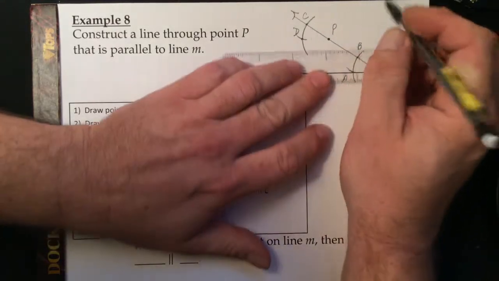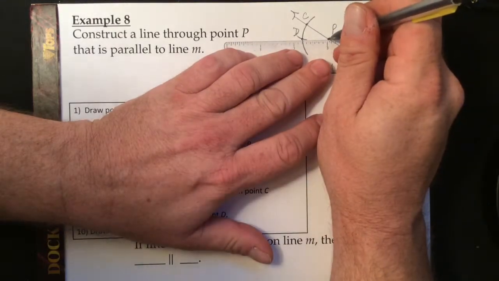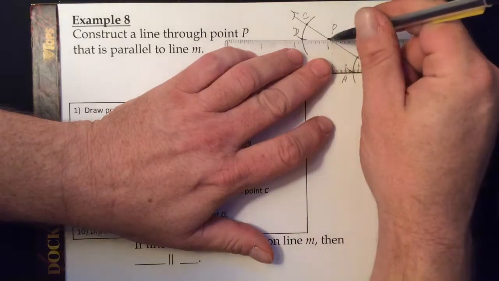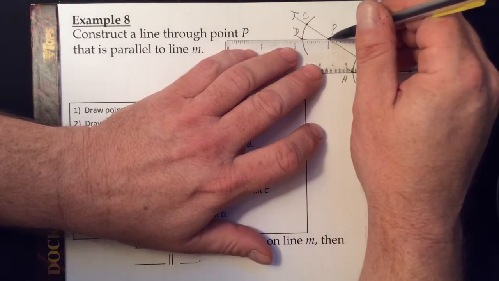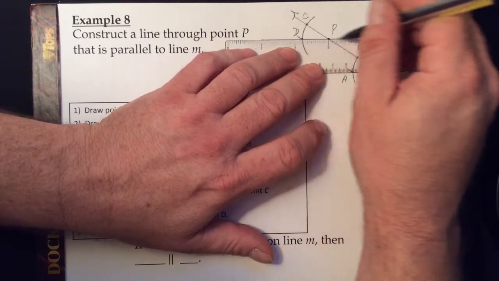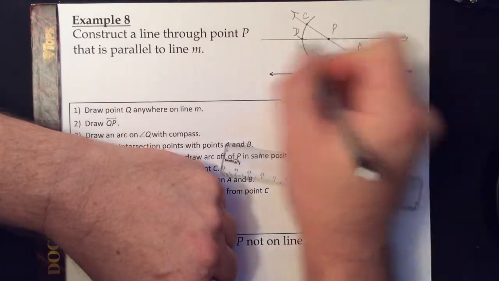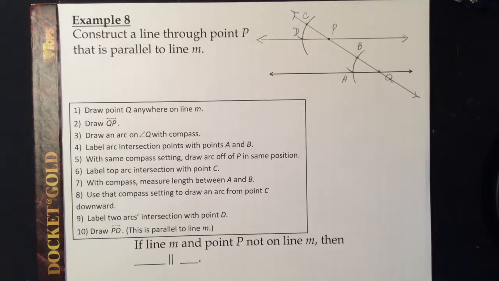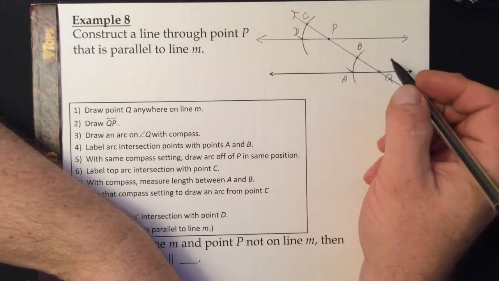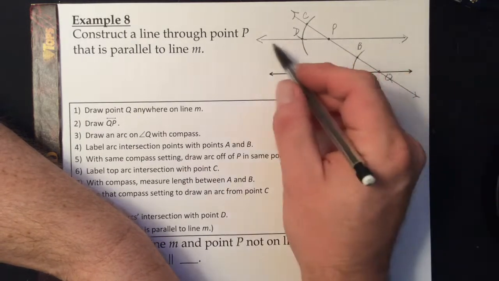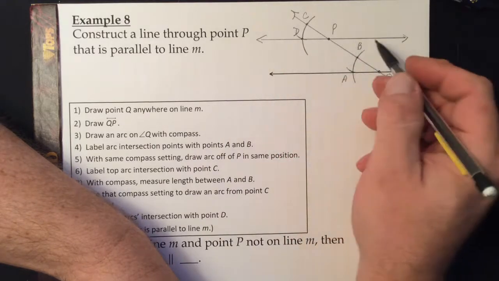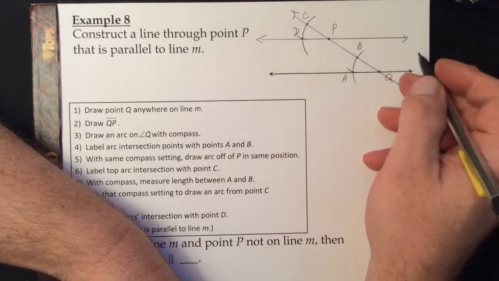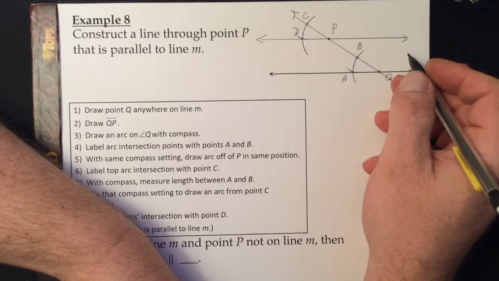Here's D, here's P. Very carefully line them up and draw the line. Now, how accurately you used your compass and straight edge will kind of dictate if these really are parallel. But if you did it correctly, these two lines should be parallel. They should at least look very close to parallel.